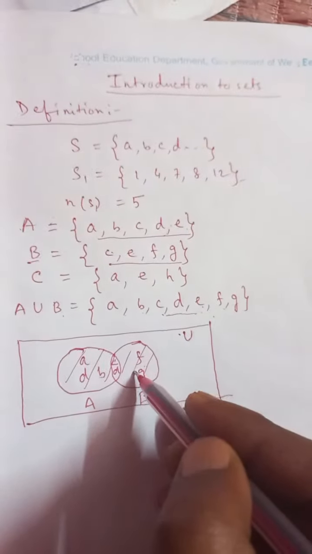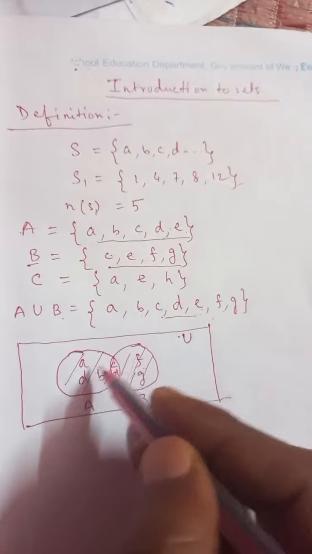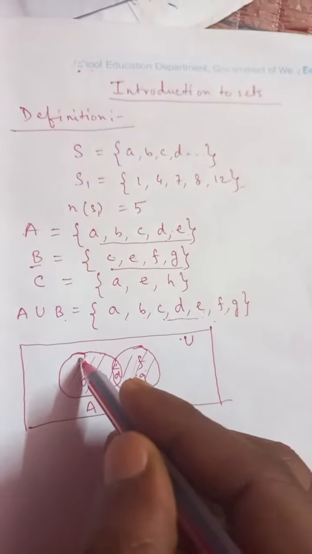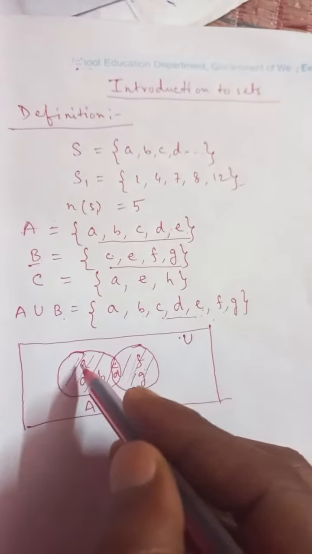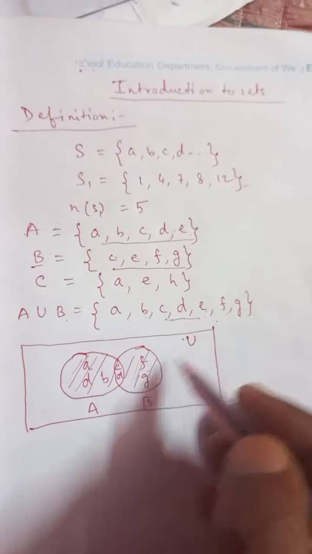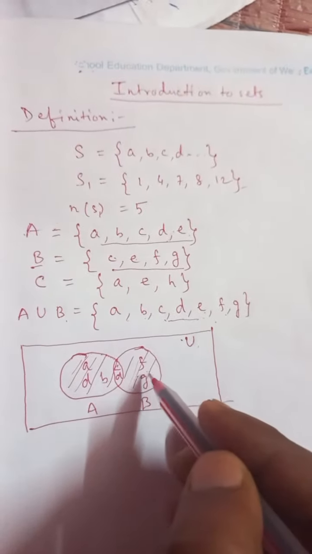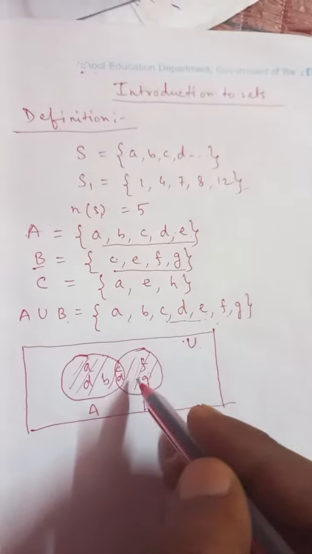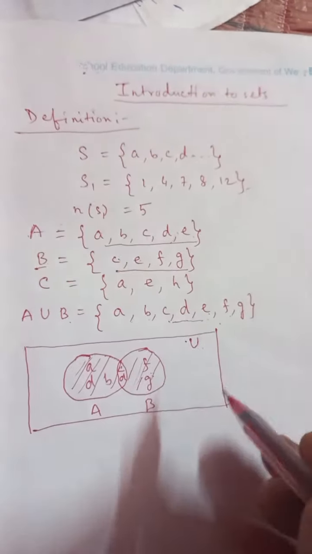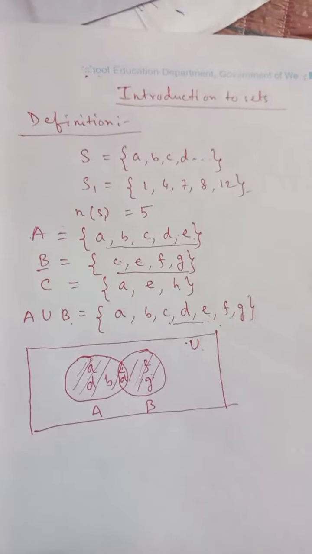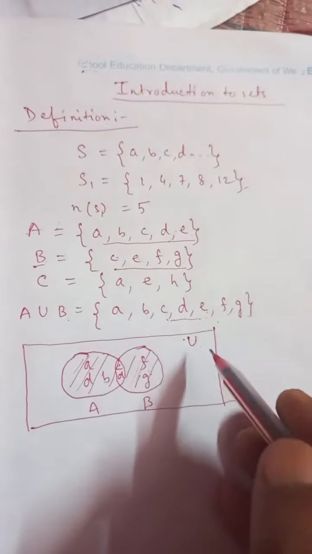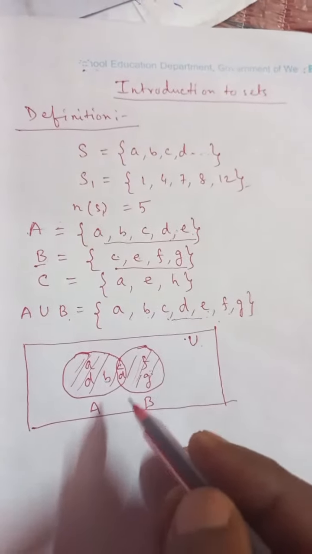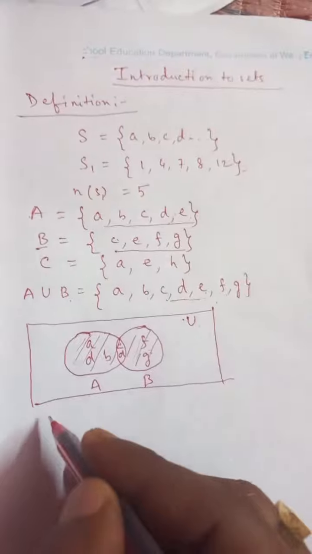So in this way, by marking the whole area, we can say that this area under the universal set comes under A union B. Now, what is the intersection of two sets?